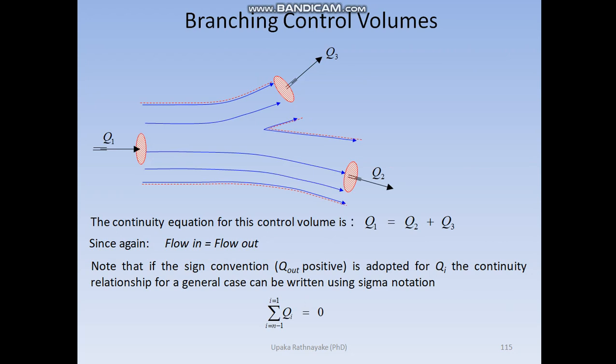Therefore, it can be simply applied to branching networks. Now refer to the figure. We can find out that the entering flow rate, that is Q1, has to be equal to the leaving flow rates. They are Q2 and Q3. So Q1 is equal to Q2 plus Q3.